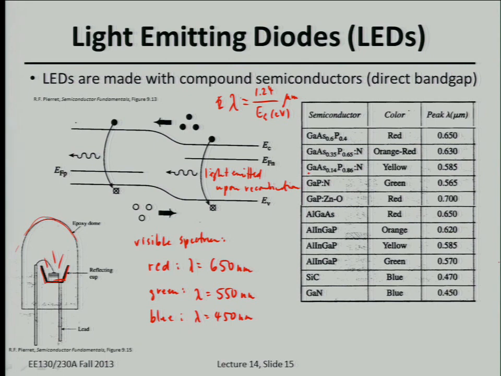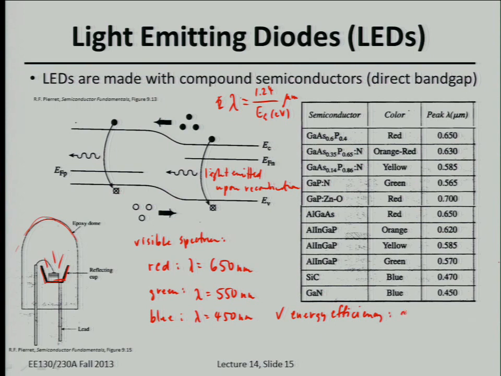So why are light-emitting diodes becoming more and more common? What are some of the advantages of light-emitting diodes over, let's say, a fluorescent light bulb or incandescent light bulb, which you probably don't see anymore? It's been banned, I guess. What are the advantages of LEDs? Yes, some good things are energy efficiency, compared to an incandescent light bulb.